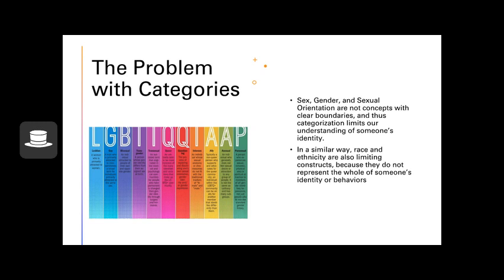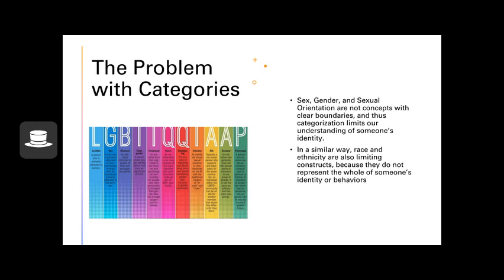When we start doing that, then we run into the issue of more binaries. You have to be either this or this. And that's not how sex works. That's not how gender works. That's not how sexual orientation works. So, one criticism of breaking the gender binary is, well, there are just too many things.